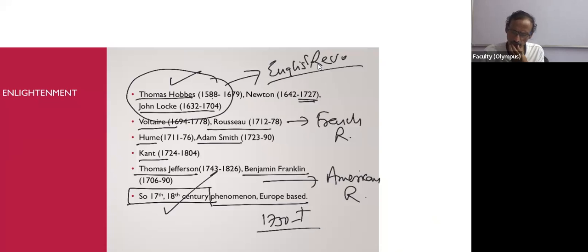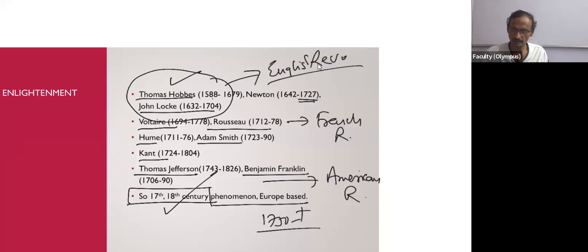Why was it so? Because industrial revolution was also about thinking, reasoning, designing new machines, and involved certain economic ideas, political ideas that finally led to industrial revolution, and that took place first in England.